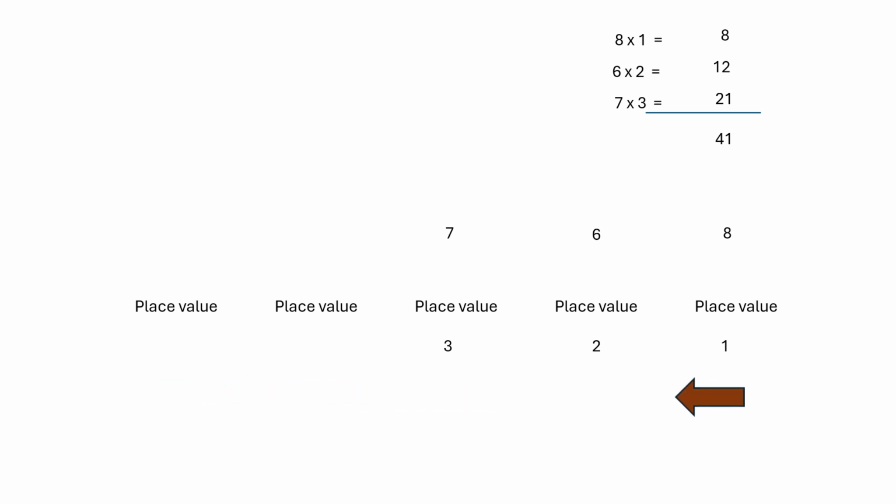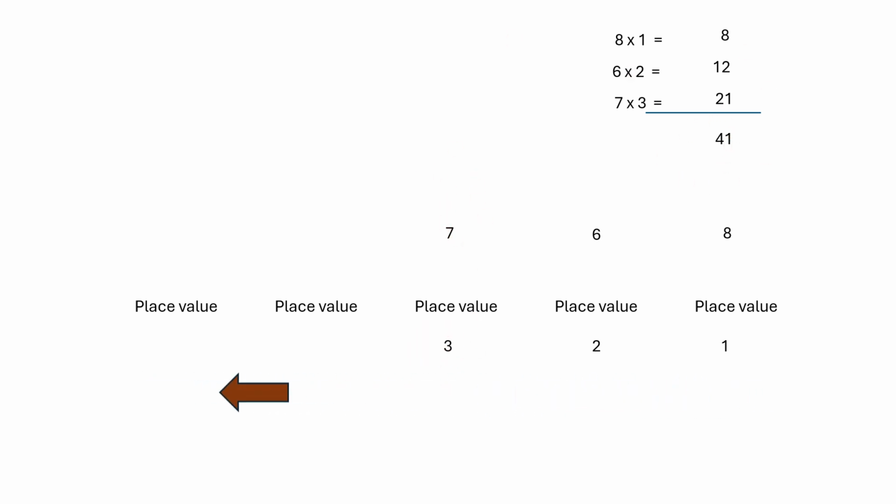In our example, when we multiply 8 by 1, we get 8. You see, the place value for 8 is 1. We get 12 for the second one because the number is 6 and the place value is 2. And for the third number, we get 21 by multiplying this 3 with 7.